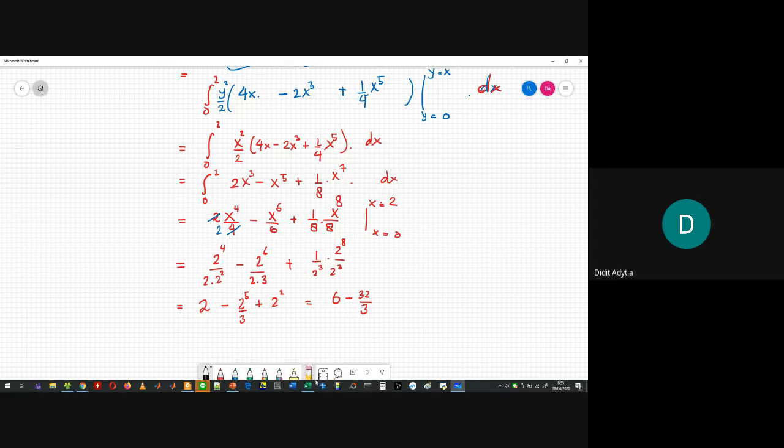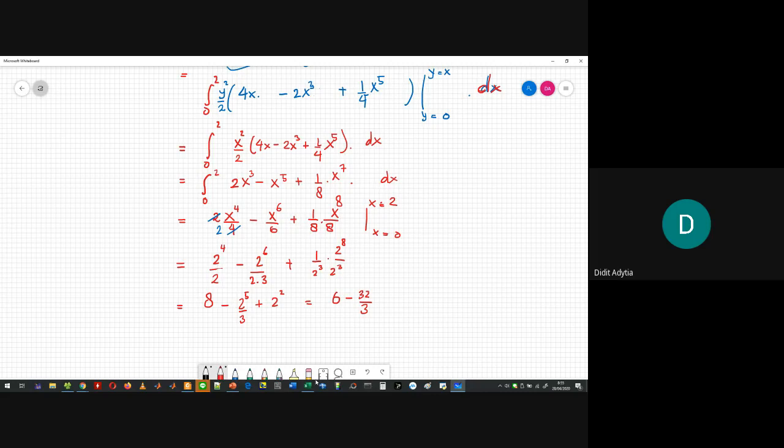I will erase the first part only. This is the first part. Okay, I will erase it. This is, yeah, that's correct. 4, 4, 2, 4. 4 per 2. 2. 2 pangkat 3, 8. Okay? Ini 4. Jadi, 8 tambah 4.